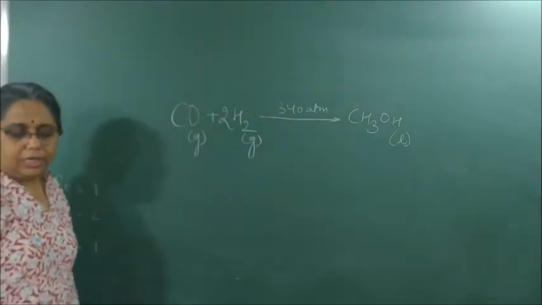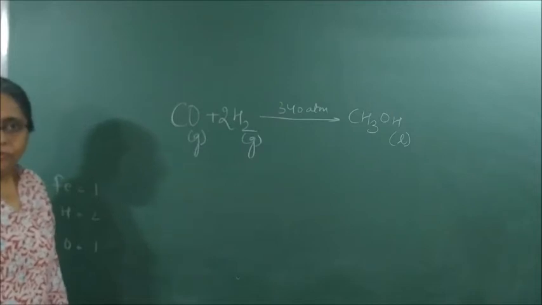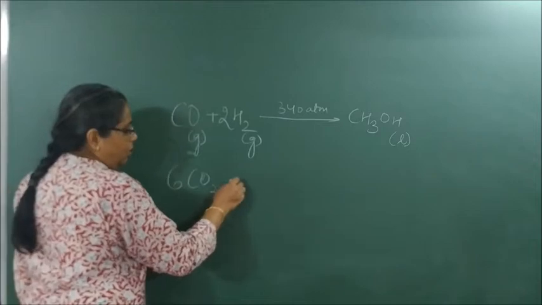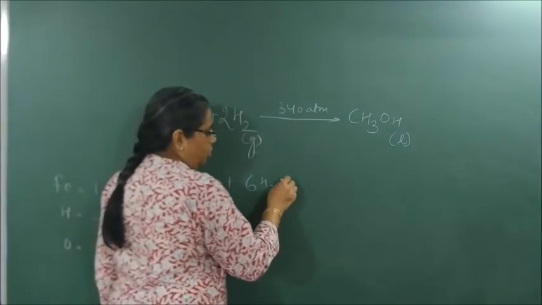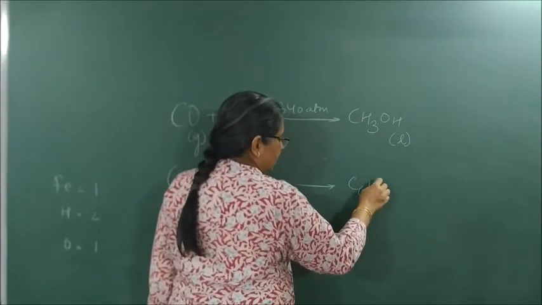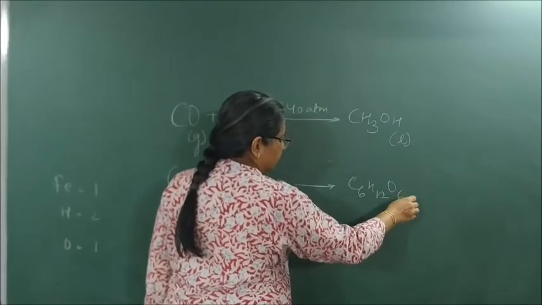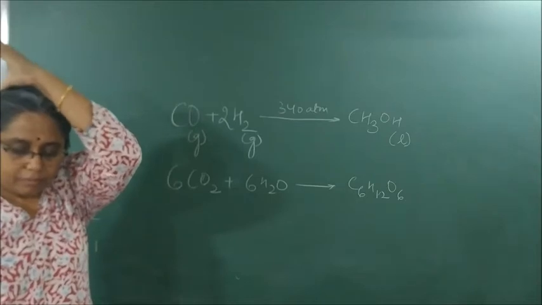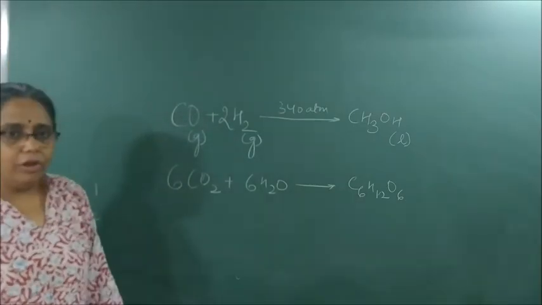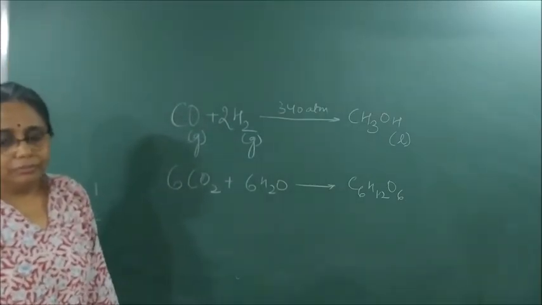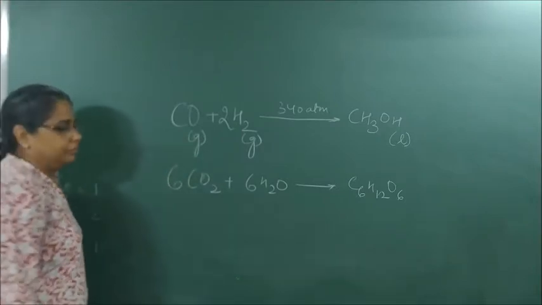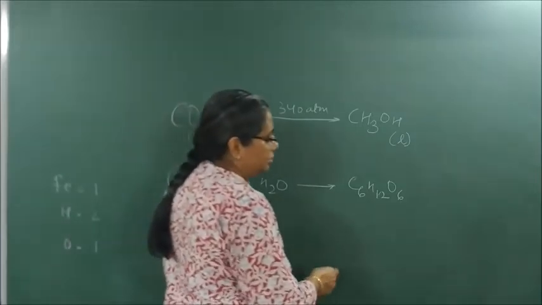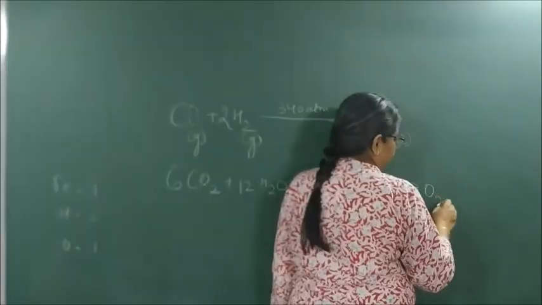Now the third equation, which is the equation of photosynthesis. What is it? 6CO2 plus 6H2O gives C6H12O6. Where have I gone wrong? The main product of photosynthesis is the release of oxygen.